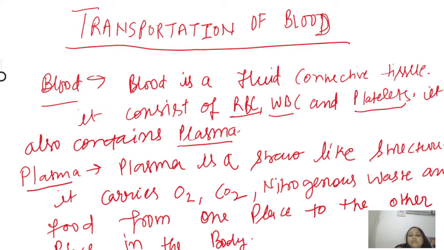Okay, so plasma is a straw-like structure which is present in the blood and it carries O2, CO2, nitrogenous waste and food from one place to other place in the body. So here we studied about the plasma.